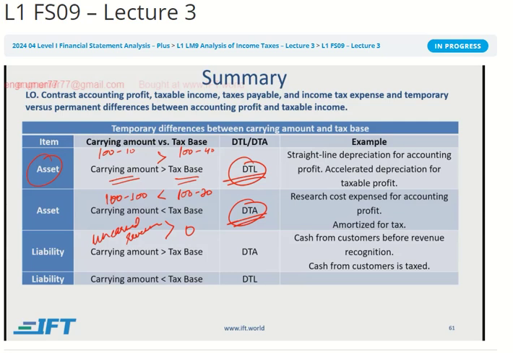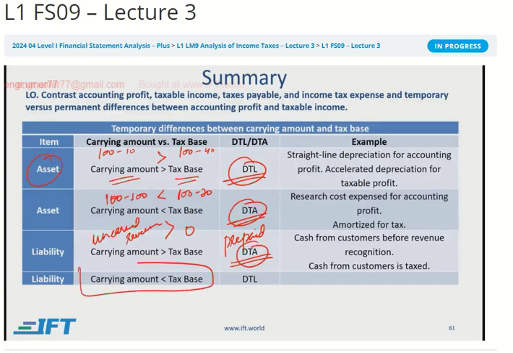So clearly the carrying amount of the liability on your books is greater than the government's, which means the government will have taken extra or advance tax from you, right? You've prepaid the tax and therefore it's an asset for you, because next year when you show this revenue in your financial reporting statements, the government will not be showing that revenue since they've already shown it in the previous one, so the tax you have to pay will be less than what you will be calculating for that year, and you will be able to realize your DTA.